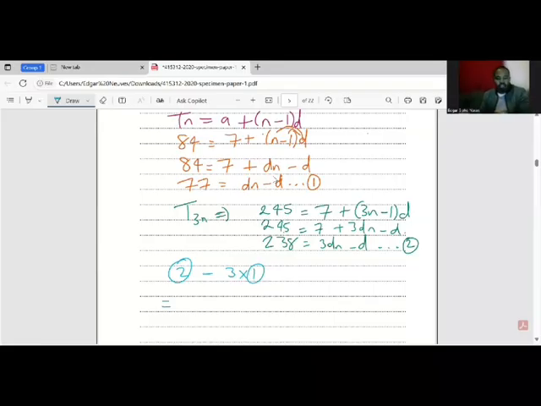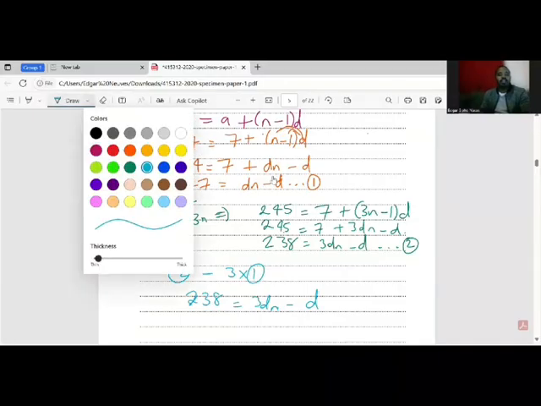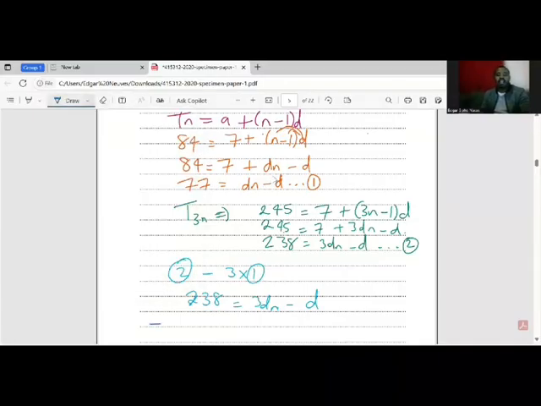So equation 2 is 238 equals 3dn minus n minus 3 times equation 1. Now we're going to subtract 3 times equation 1. It means we multiply every term in equation 1 by 3. Then we subtract it.